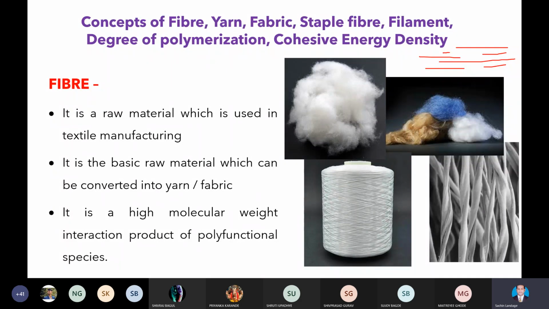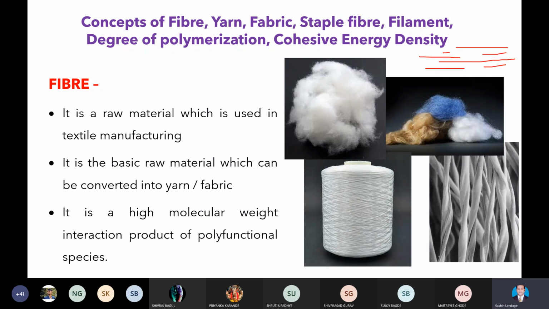If you take nylon fiber, we have the carboxyl group and the NH2 group, that is, the amine group. If you take polyester, we have the carboxyl and the hydroxyl group. Means various types of functional groups are there depending on what type of fiber it is. So it is a high molecular weight interaction product of polyfunctional species.